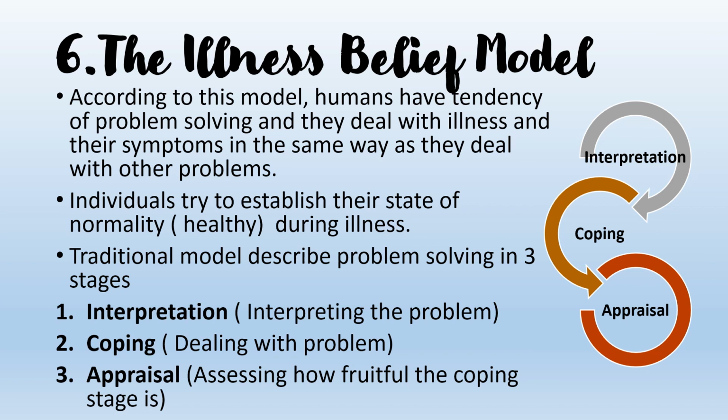And if he finds out this stage is not fruitful and not giving the expected results, he tries to change and adapt to a new coping strategy. So overall he tries to maintain the normality state and avoid the unhealthy state. This is all related to the famous models of health psychology.